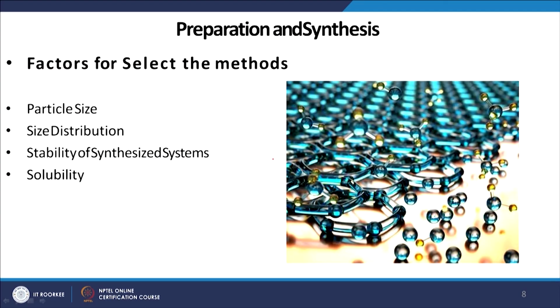Now some of the factors which we have to keep in mind when selecting any method is the particle size. So that means what is the ultimate size we are looking for? Size distribution is also an important parameter. Let us say I have 10 milliliters of solution filled with nanoparticles.